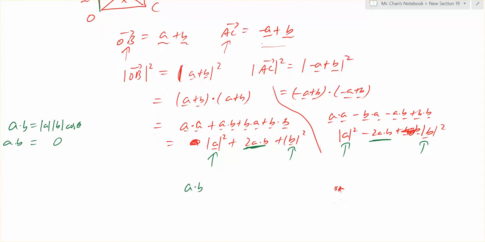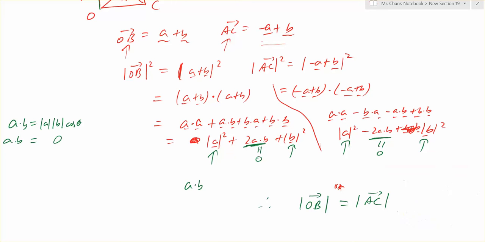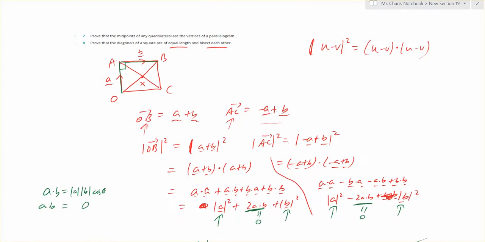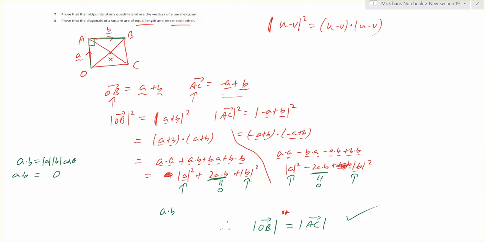So since these are perpendicular, that goes to 0 and that goes to 0. Therefore, we've proven that the magnitude of OB is equal to the magnitude of AC. So this shows that the diagonals of a square are of equal length.